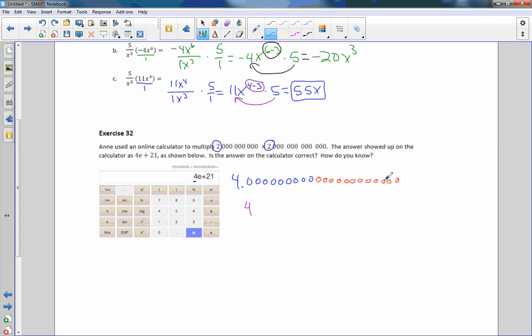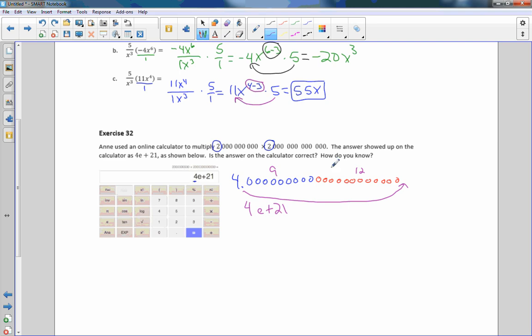There are 12 here and 9 here, and 9 plus 12 is definitely 21. So that's telling us to move this decimal 21 places to the right and give us that really big number.